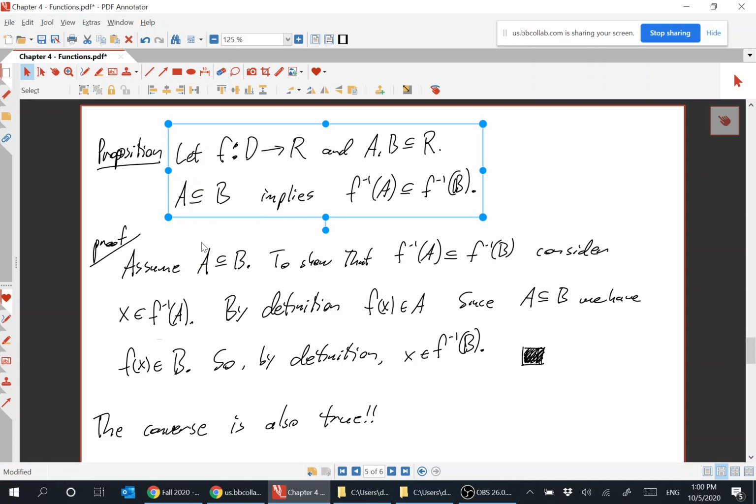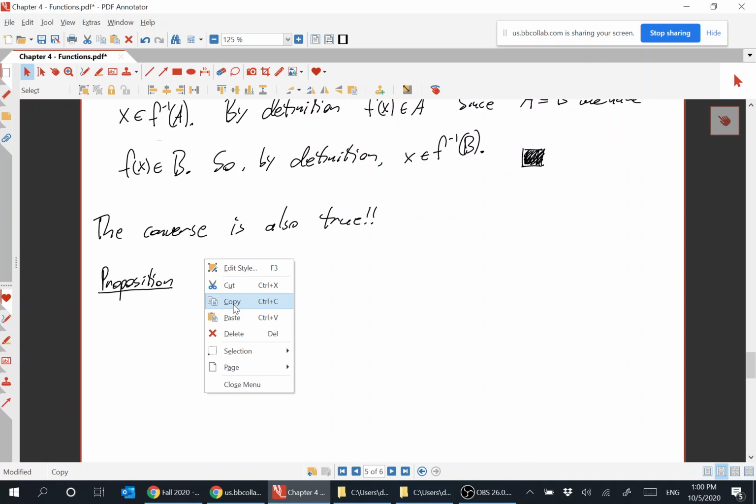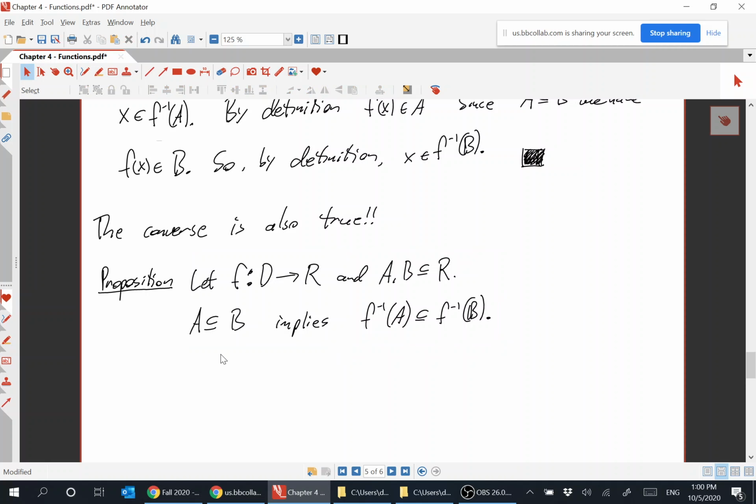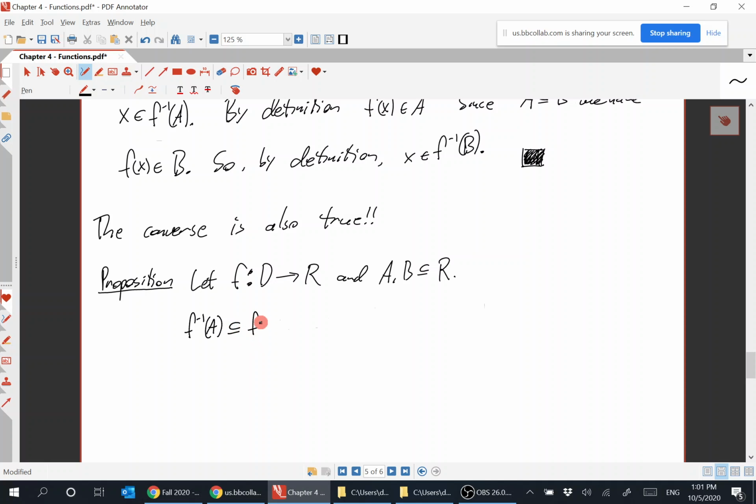Let's copy that. And A and B be subsets of the range. So the preimage of A is a subset of the preimage of B implies A is a subset of B. Proof.